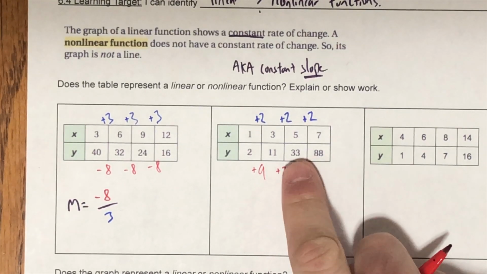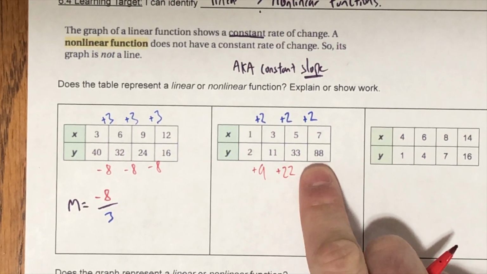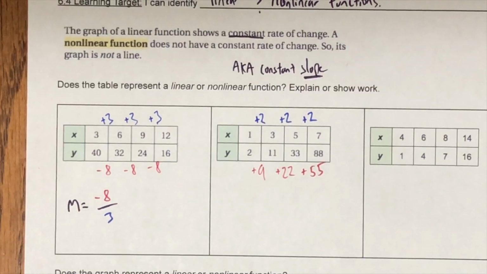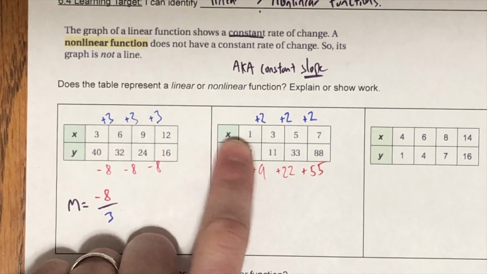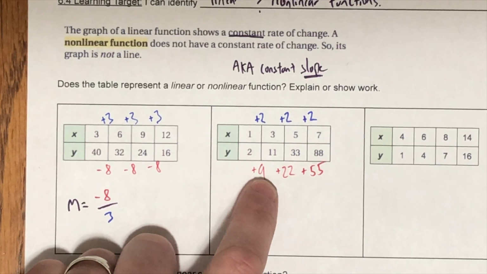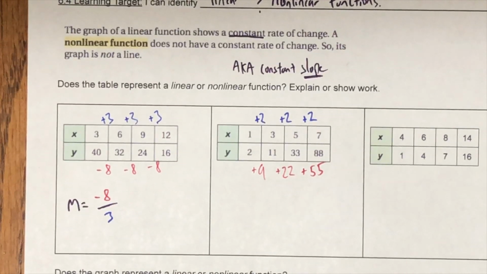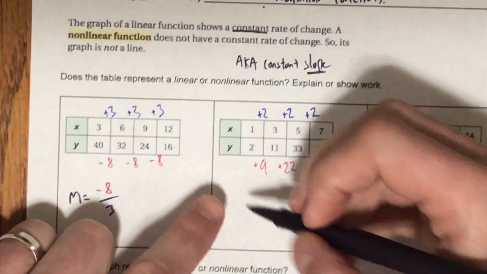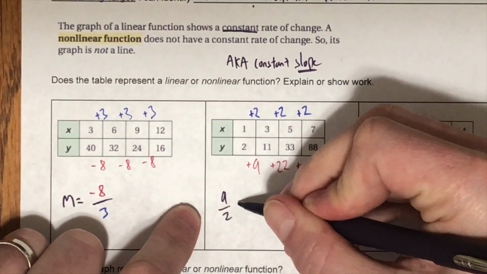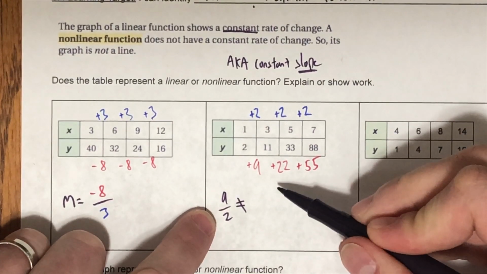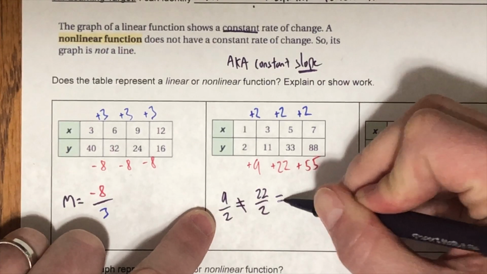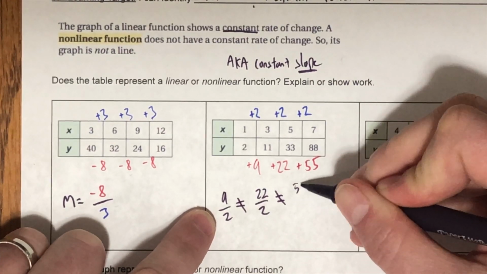And from 33 all the way up to 88, that's going up 55. So every time we go over 2 on the x-axis, we're going up by a different amount on the y-axis. So this is nonlinear. That slope changes, because 9 over 2 is not equal to 22 over 2, which is also not equal to 55 over 2.